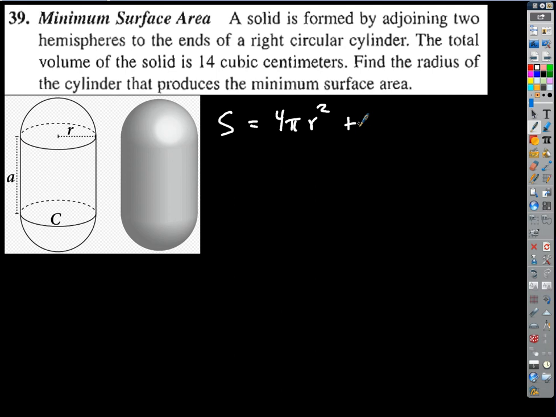How do you think about that? It's circumference times the height. If I took a toilet paper roll, cut it and unrolled it, it becomes a rectangle where the length is just the circumference and the height is A. Makes sense? So 2 pi r times A.